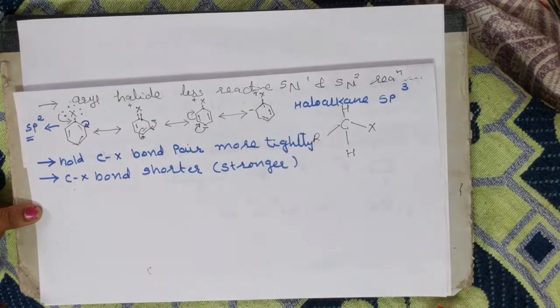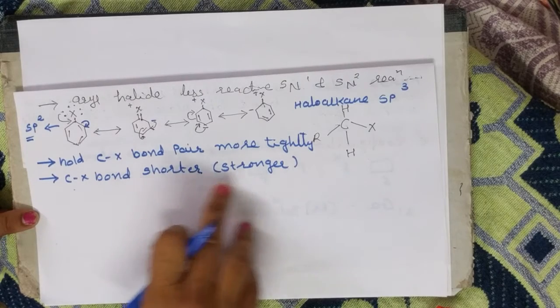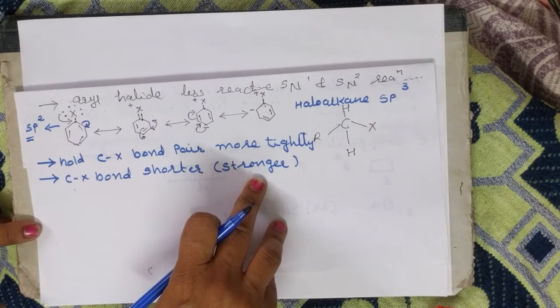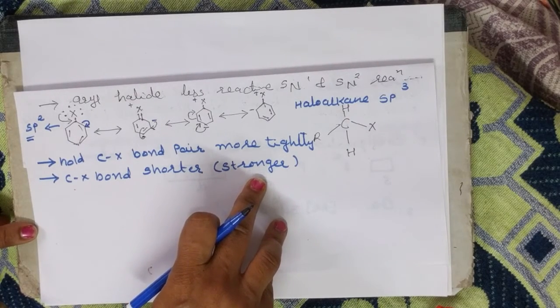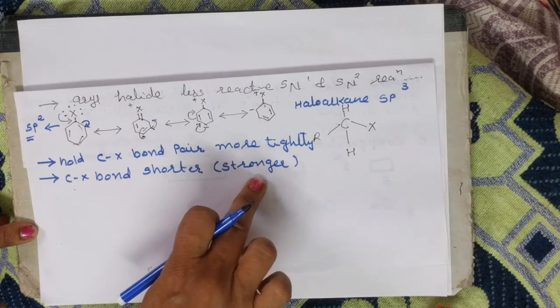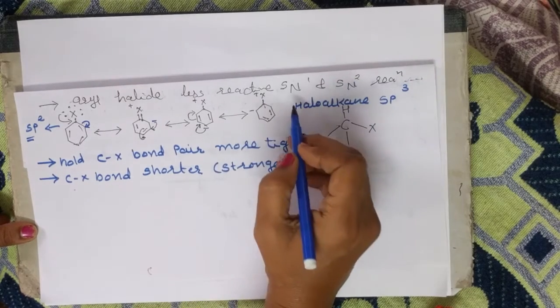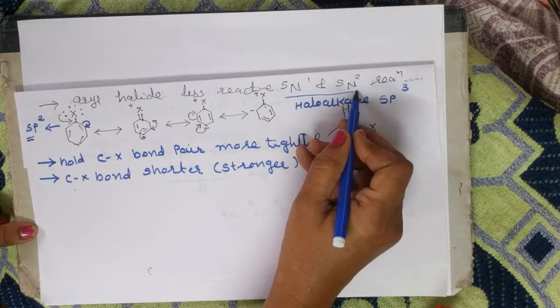The sp2 bond length in aryl halide is shorter, so shorter bond is stronger bond, and so it is less reactive than haloalkane towards the nucleophilic substitution reaction.